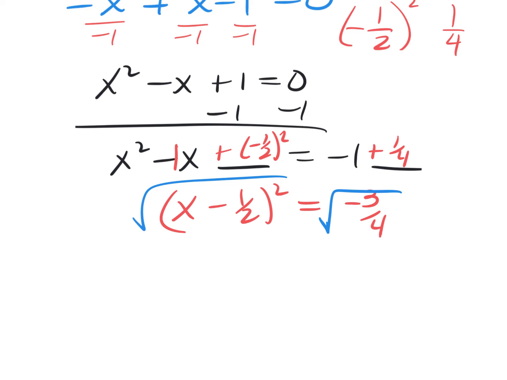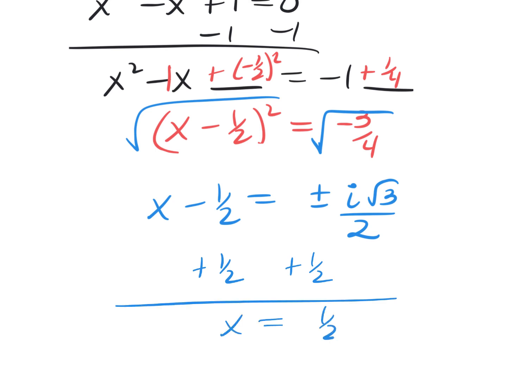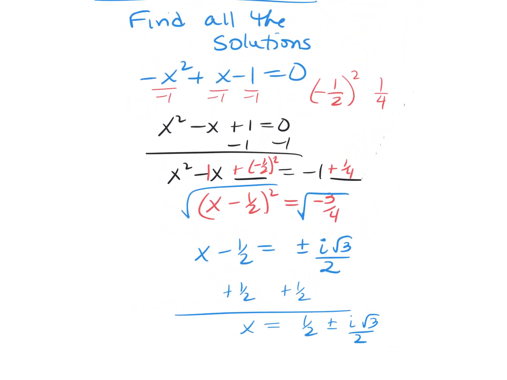But if it says find all solutions, then the correct answer is plus and minus i square root 3 over 2, and then we add the 1/2. So x equals 1/2 plus or minus i square root 3 over 2. When you square root a negative number, an i comes out of the radical. But you don't need to know how to do this. This is what we're going to learn on Friday.